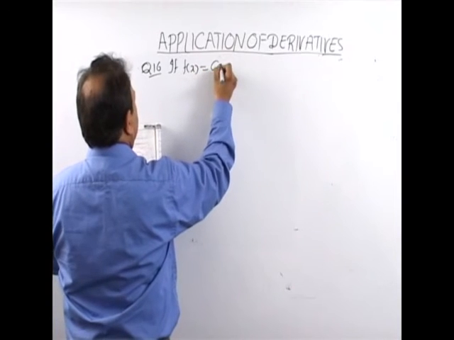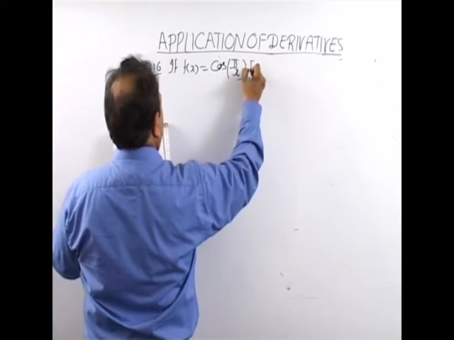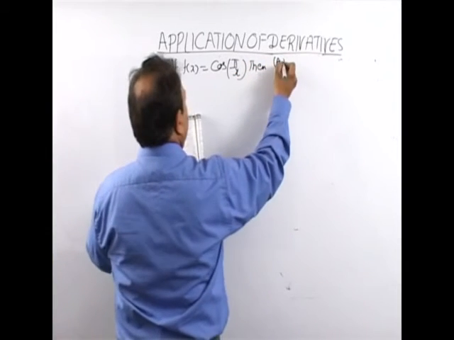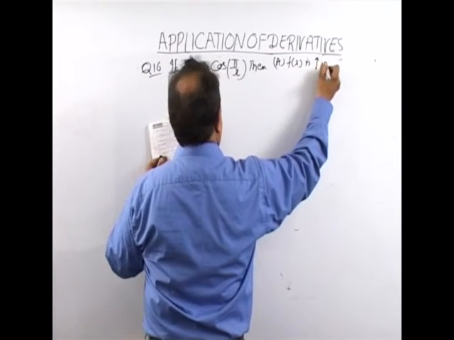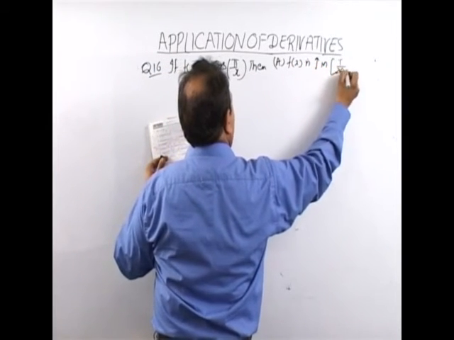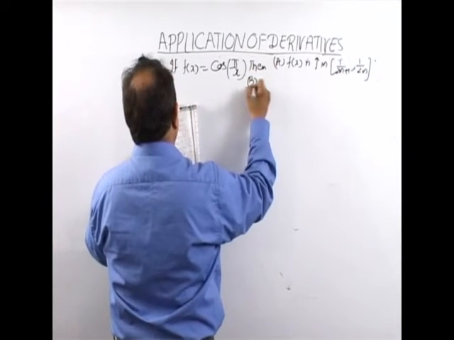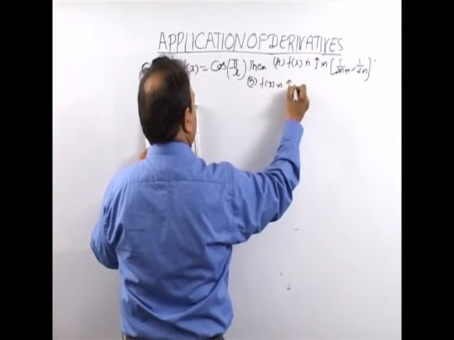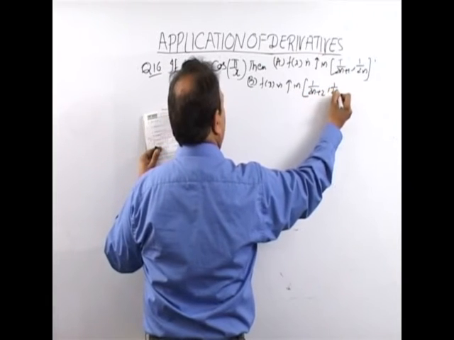If f(x) is equal to cos(pi/x), then A part: f(x) is increasing in (1/(2n+1), 1/2n). B: f(x) is increasing in (1/(2n+2), 1/(2n+1)).